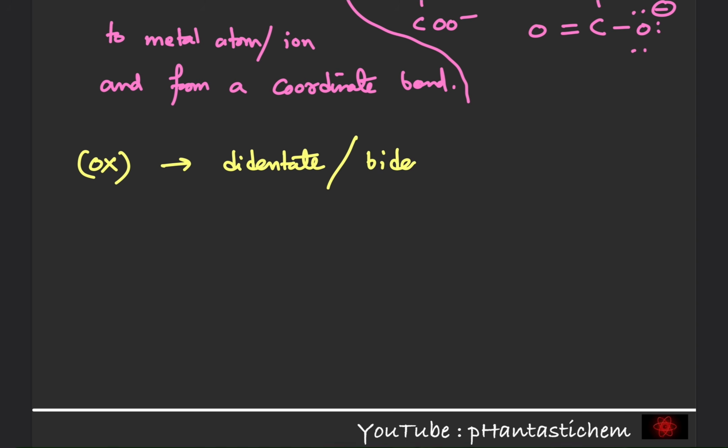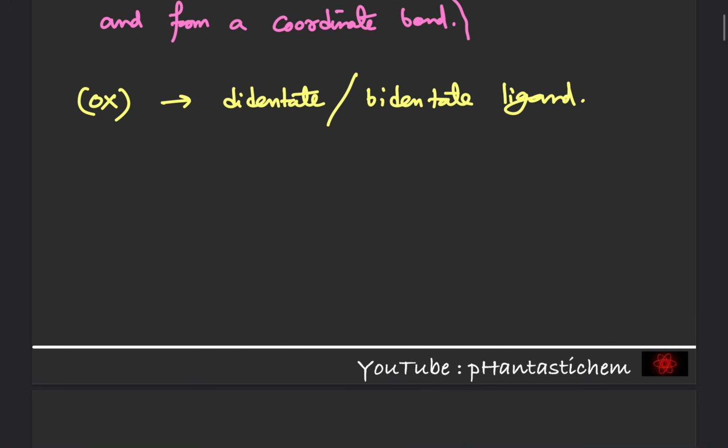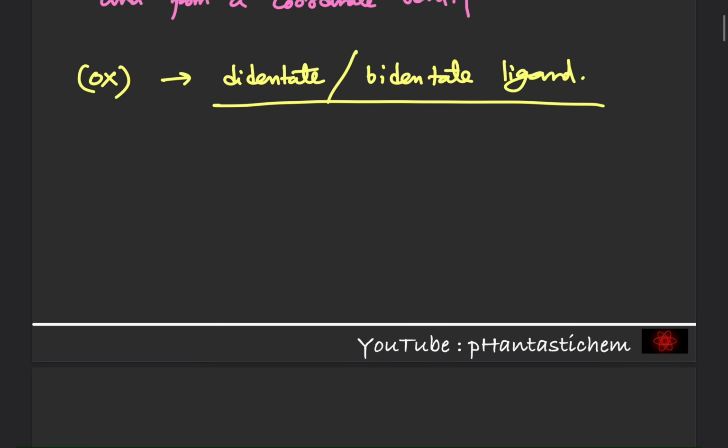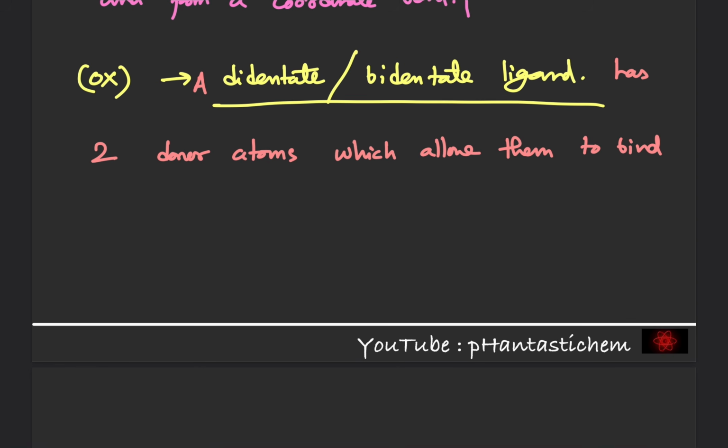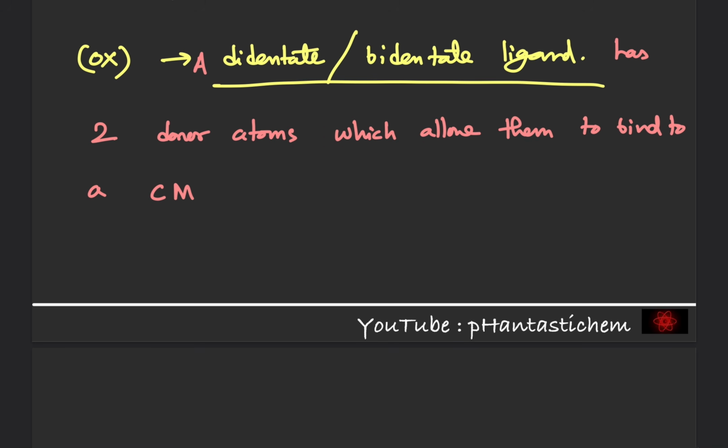A didentate or bidentate ligand has two donor atoms which allow it to bind to a central metal atom or ion at 2 points.